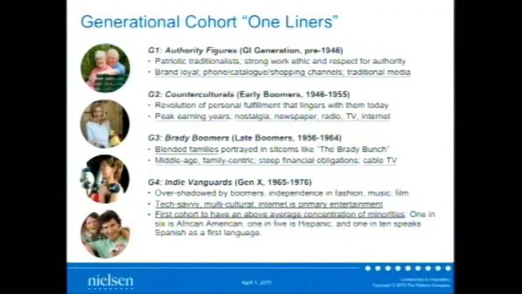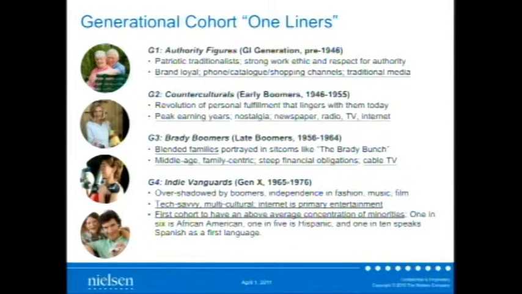Now, I'm just going to give you some examples here of the generational cohorts, some of the one-liners, and I just want to bring these to your attention. If you look at your countercultures, your early boomers from 1946 to 1955, we have found that there's a big difference between that cohort and the late boomers from 56 to 64. Let's talk about it a little bit.